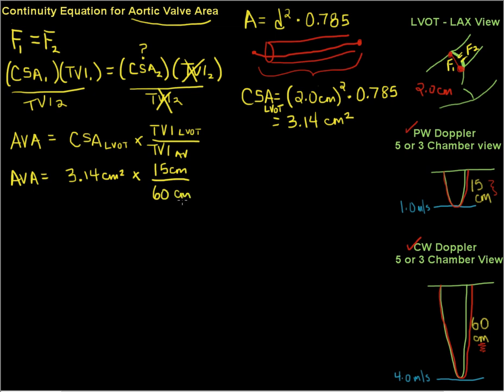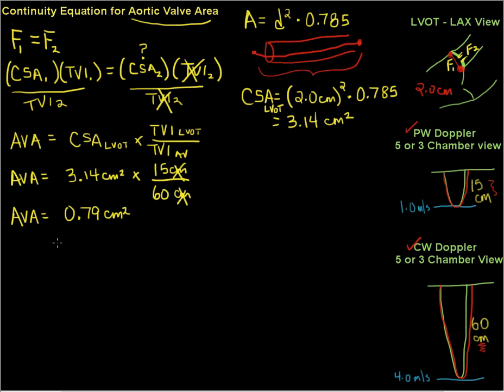Now we simply do our math. Our units here are going to cancel. 15 divided by 60 gives us 0.25. Multiplied times 3.14 gives us an aortic valve area equal to 0.79 centimeters squared. So that's our aortic valve area.